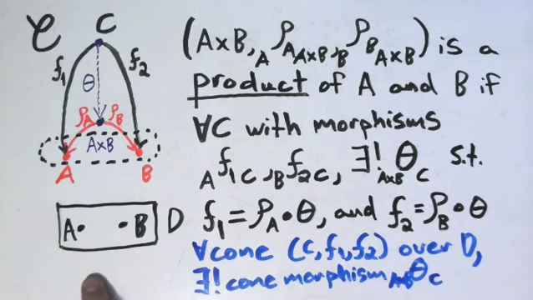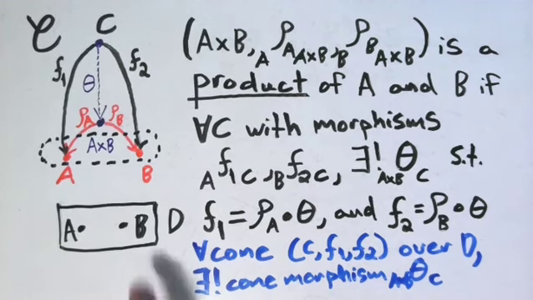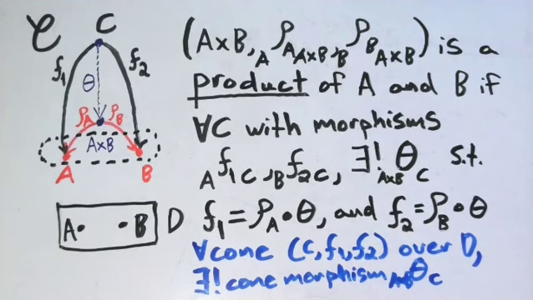And because the diagram consists of only discrete objects A and B, it's a limit over a diagram consisting of only objects, which makes it a product. So we see through this discussion that actually there's a much simpler way to define products once we have the machinery of limits in place in category theory.